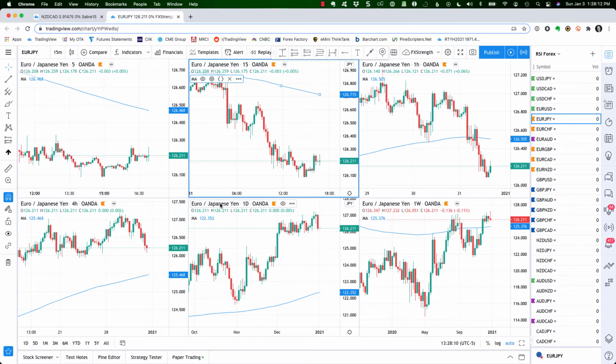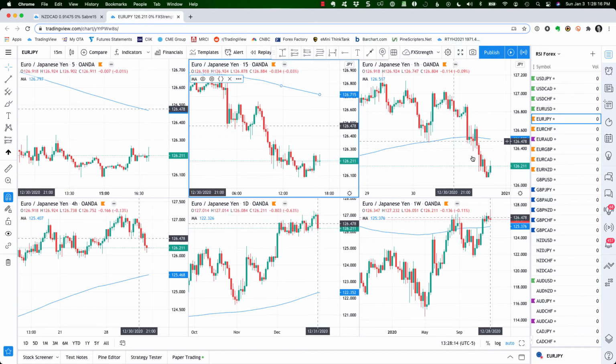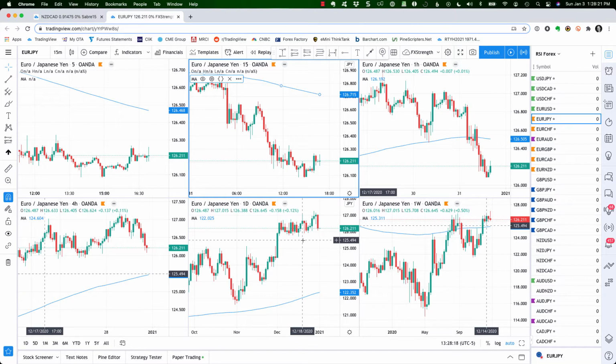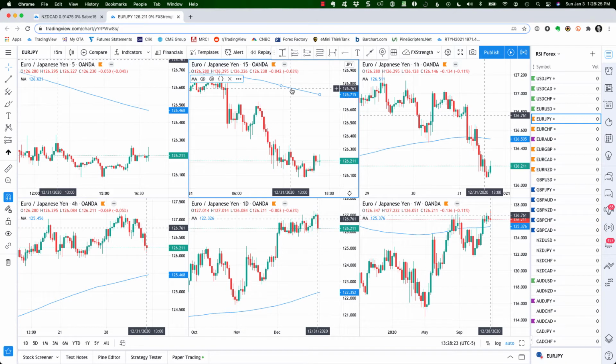How strong is the euro-yen in this instance on the 5-minute, the 15-minute, the 1 hour, and so on, okay? And so if you wanted to change it and tweak it, you can change it to the 100 moving average. You can change it to the 50 moving average. You can use RSI. You have total control over how you're going to determine whether this asset is a strong asset or not.